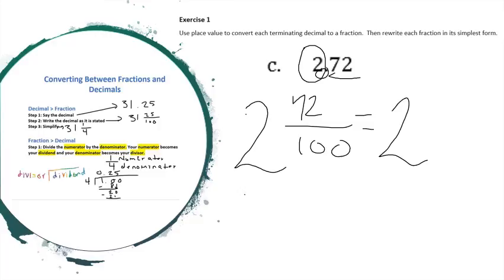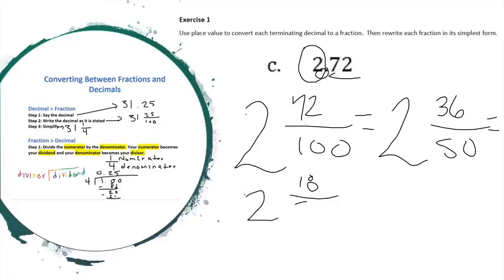2 and, I know what number can go into both 72 and 100. I know 2 can go into both. So if I divide the numerator by 2, I get 36. If I divide the denominator by 2, I get 50. I also know that that can still simplify. I know 2 can go into both of those again. If I divide the numerator by 2, I get 18. If I divide the denominator by 2, I get 25.